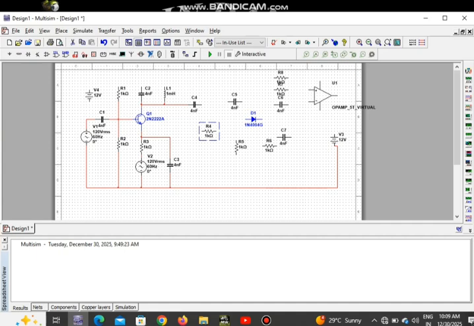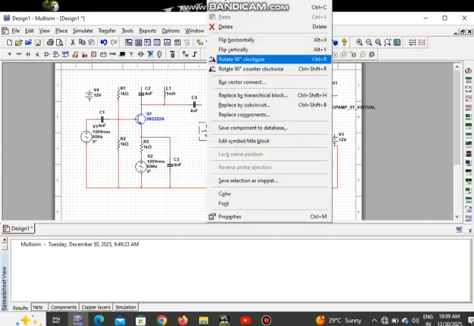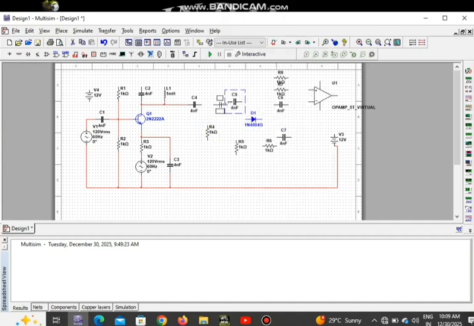Resistor flip 90 degrees. C4 and C5 capacitor join in the middle, resistance R4 join and ground it. And same like C5, resistance R5 and ground it.